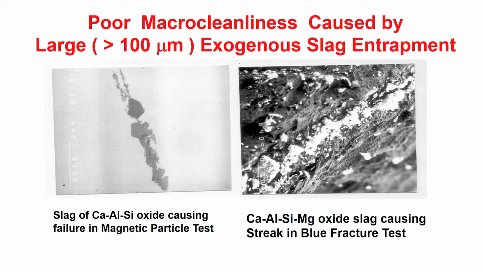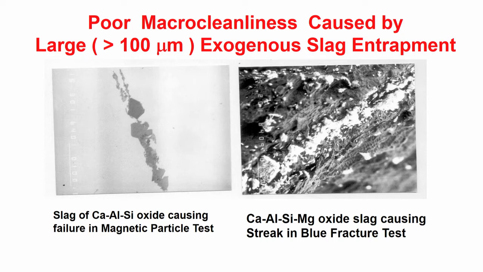It has been analyzed through electron probe microanalyzer, that means the EDS attachment and WDS attachment of the SEM, to identify what is the nature of this entrapment, which has caused this surface defect, and which is visible. The defect has been visible on the surface and the material got rejected.